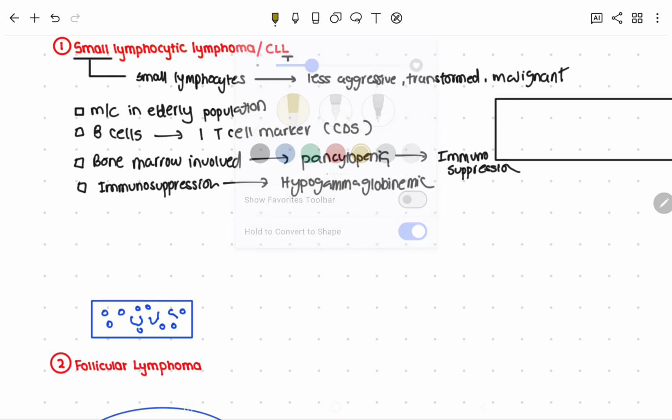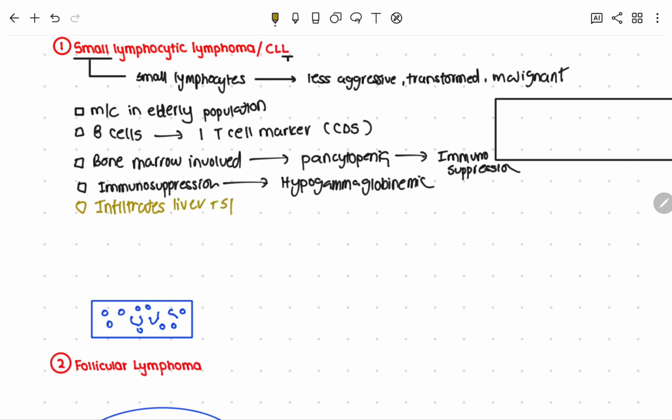What are some morphological changes that you need to know? First thing is that small lymphocytic lymphoma, as you'll see, is probably consistent with most of these lymphomas anyways, is that it infiltrates the liver and the spleen, and so you can imagine easily this causes hepatosplenomegaly, and it has infiltration to the lymph nodes as well, and this can cause generalized lymphadenopathy.